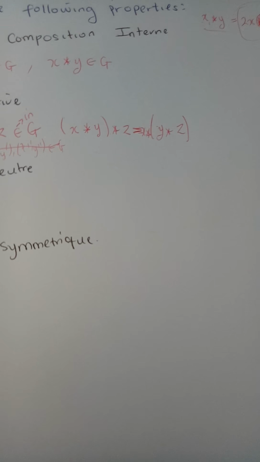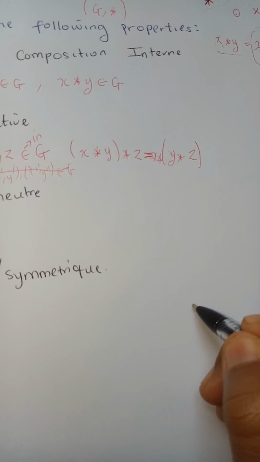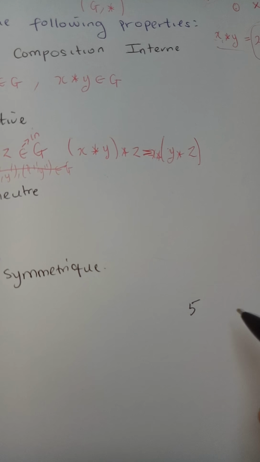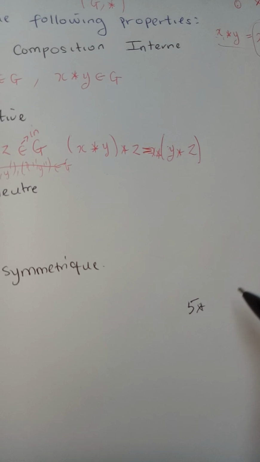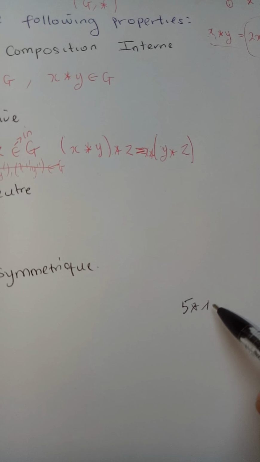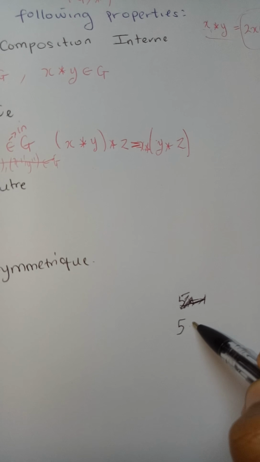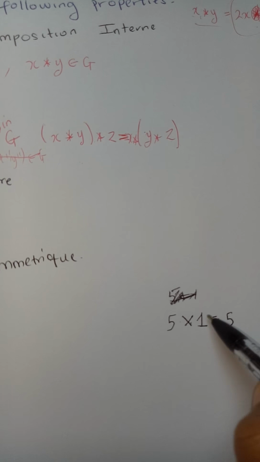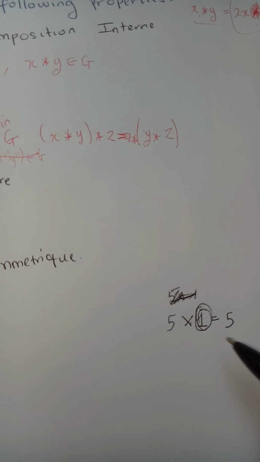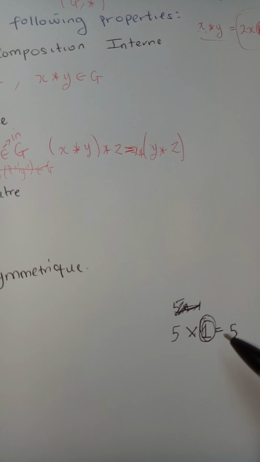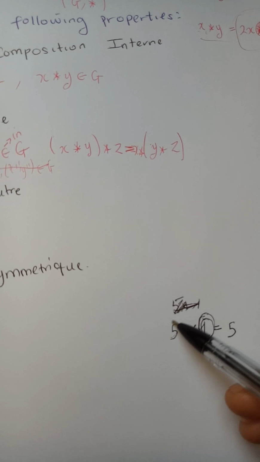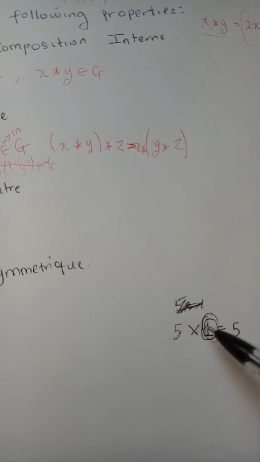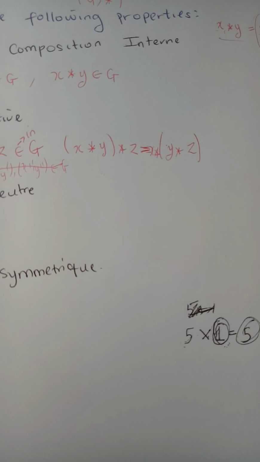If maybe I have 5 and then I multiply 5 with 1, I should get 5, meaning this 1 will stand as element neutre, because for whatever X that I have, if I multiply it with its element neutre, 1 for multiplication, I will get that same number.